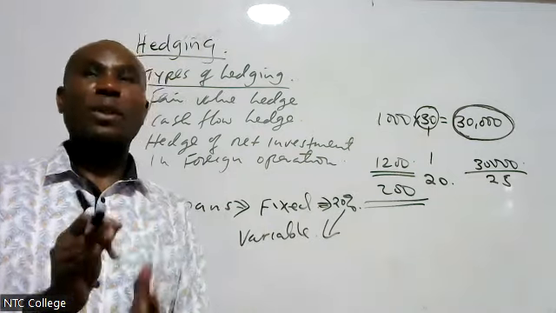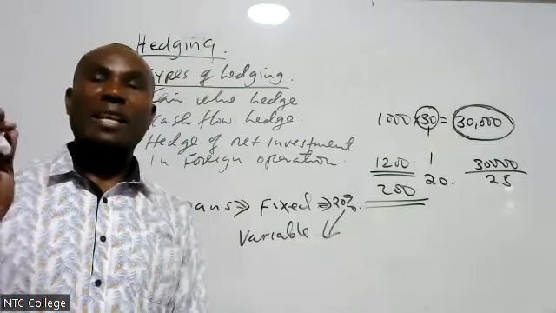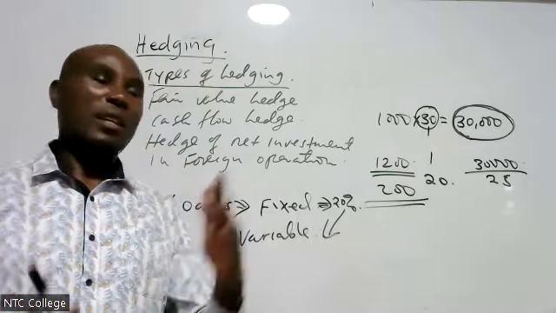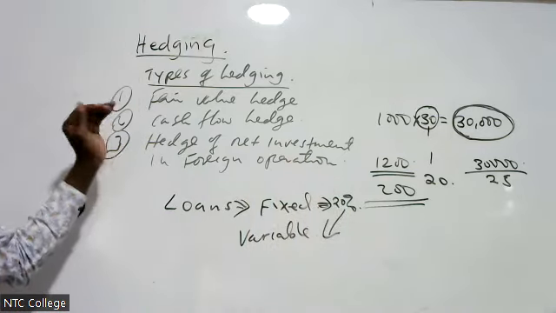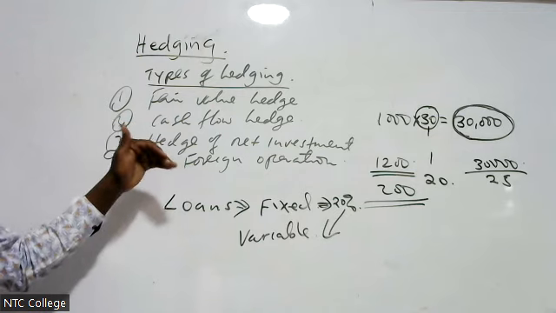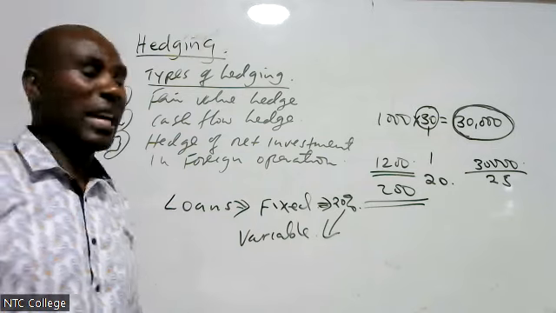Therefore, you are just playing with the market so that you don't incur any loss based on changes in the interest rate in the market. Therefore, that is the fair value hedge against the changes in the fair value of the designated asset. Cash flow is the variability in the cash flows.